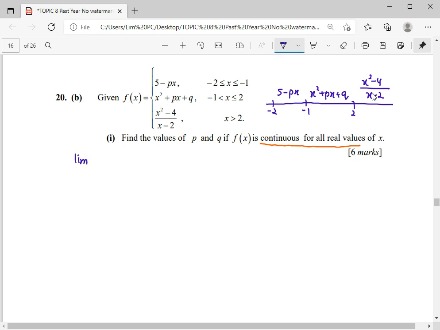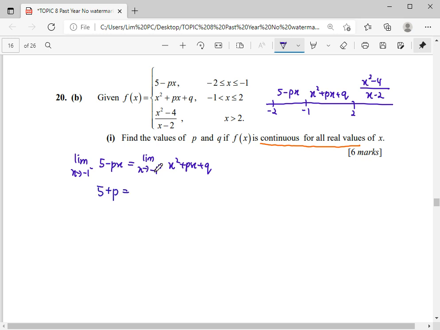We start from the limit as x approaches negative 1 from the left-hand side, where the function is 5 minus px. It must equal the limit as x approaches negative 1 from the right-hand side, which is x squared plus px plus q. Substituting negative 1 here, we get 5 plus p.